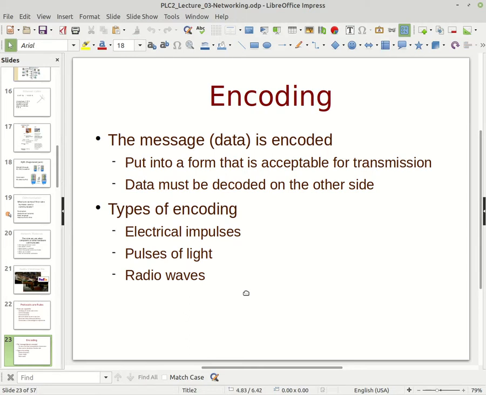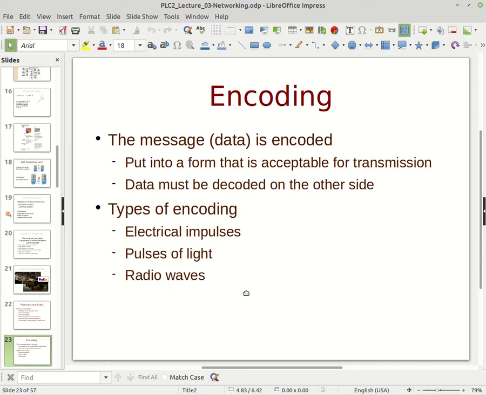All right, so when we want to send some data, like if we're sending temperature, let's say we had a temperature sensor telling us that it's 75 degrees Celsius, and we want to send that up to the PLC. If we're doing that across the network, we have to first take the data, which is the 75 degrees Celsius, and encode it so we can put it out on the network.